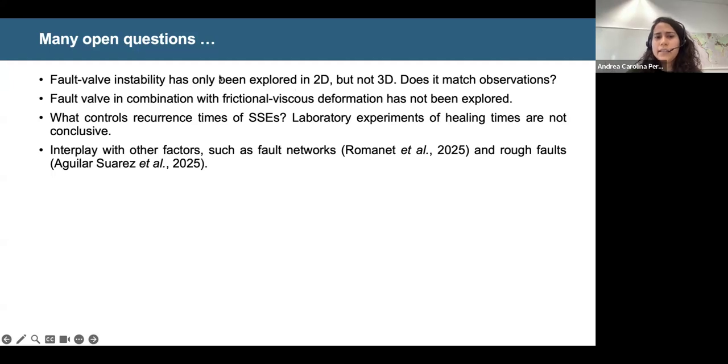As I mentioned earlier, this fault valve instability has only been explored in 2D, but not in 3D, so we don't know if it would actually match observations of SSEs.